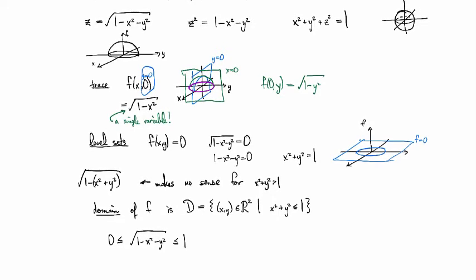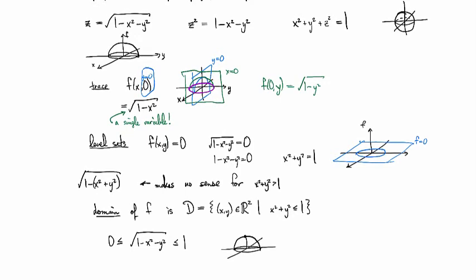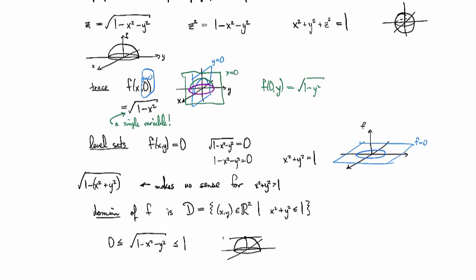If you go back to the picture that we drew before, it's this hemisphere, and the highest point on it is this point at the peak right above the center here. And that happens at height equal to 1. Okay, so this function only takes values between 0 and 1.